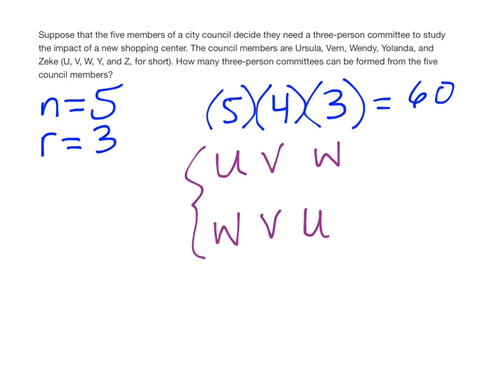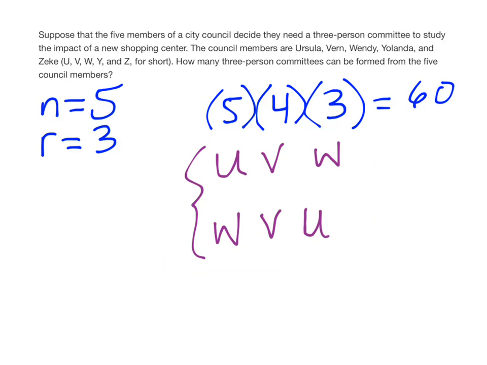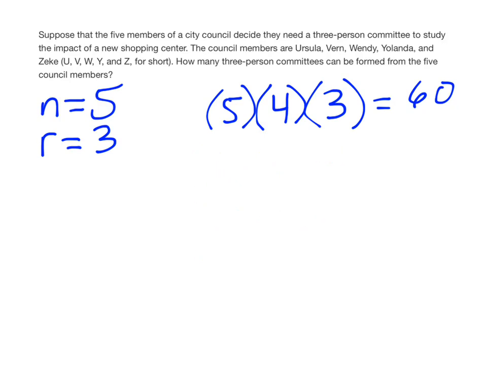That's really answering the question, once we've picked a particular 3-person committee like Ursula, Vern, Wendy, how many ways are there to arrange those people? And we've answered that question before too. It's really just a factorial, and we can list it out just to emphasize this.